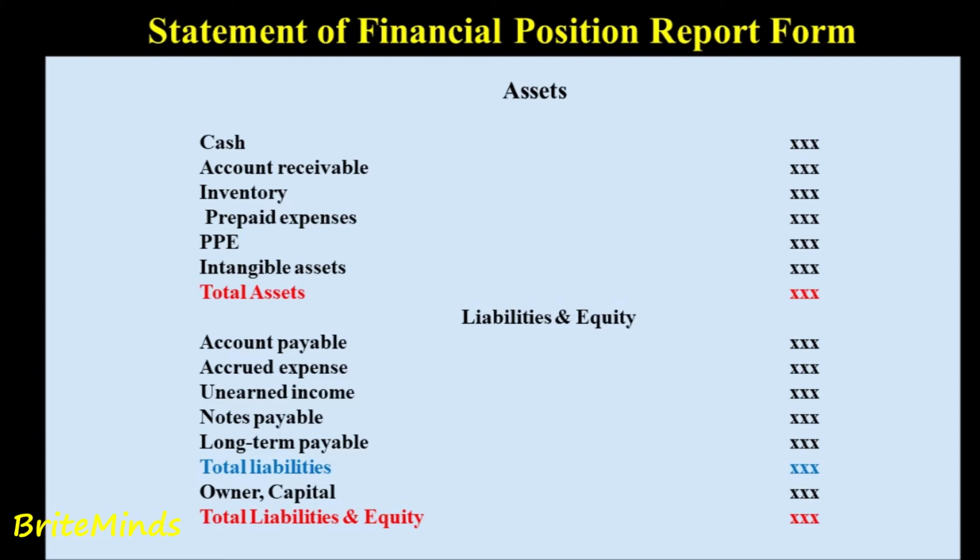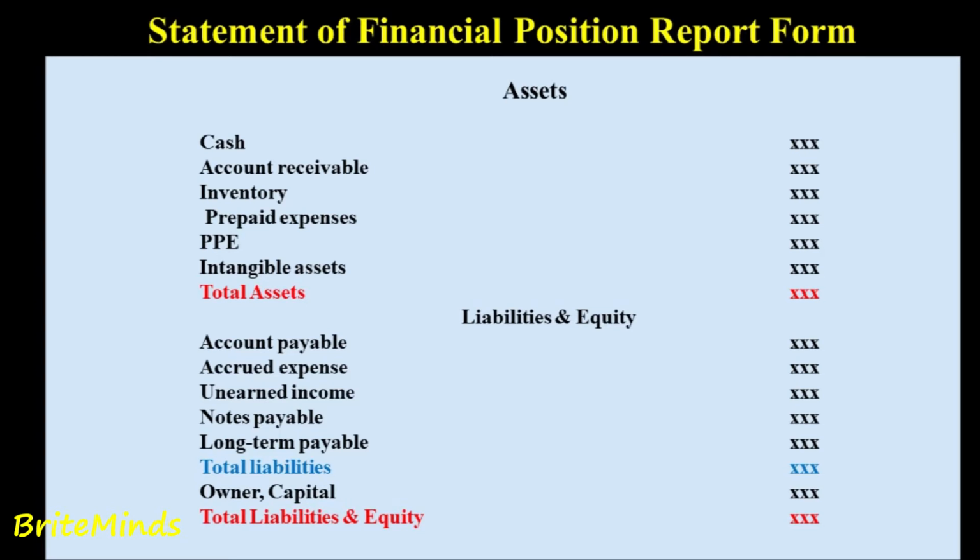And we know that assets are listed according to the order of their liquidity, and then followed by the liabilities with the corresponding account titles like account payable, accrued expense, unearned income, notes payable, and long-term payable. And finally, the equity account like the owner's capital.